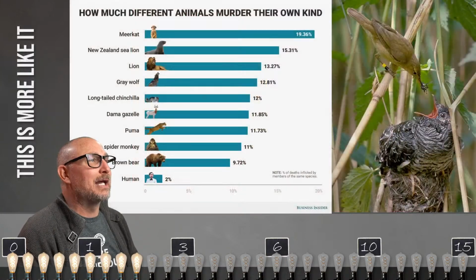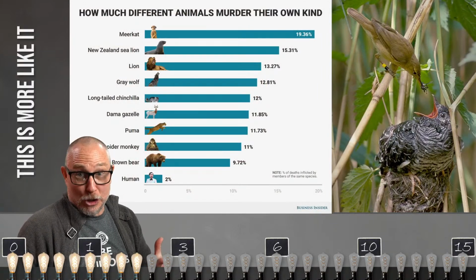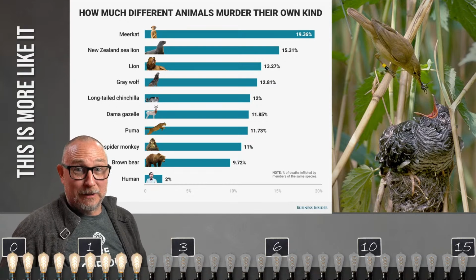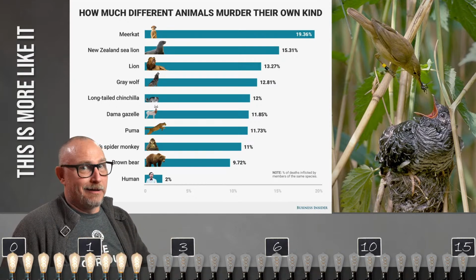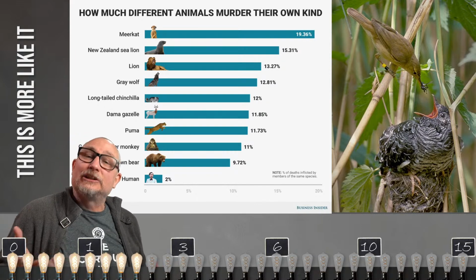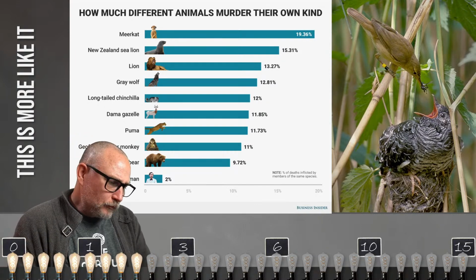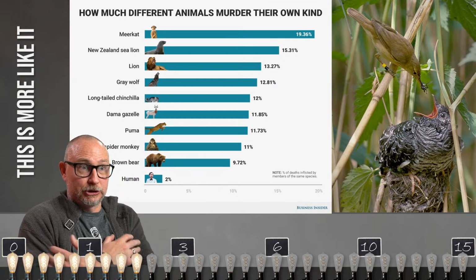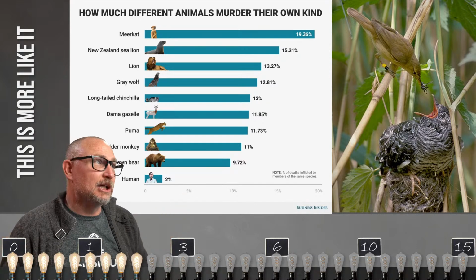Oh, that's so sweet. But I got news for you. Animals are animals, okay? They're wicked things, right? Nature is amoral, which means it's neither moral nor immoral. It's just nature, it just does what it does.